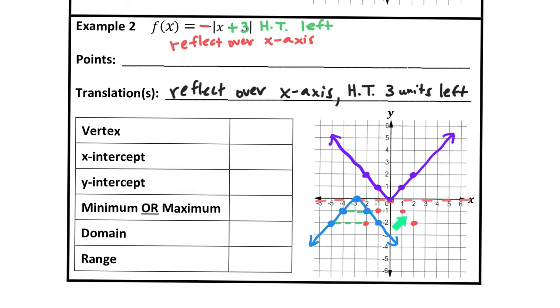Then after it's opening downwards, it's going to shift to the left 3 units. So it's going to go 1, 2, 3 and create a V there. Okay. So again, I'm just using the parent function as my template.